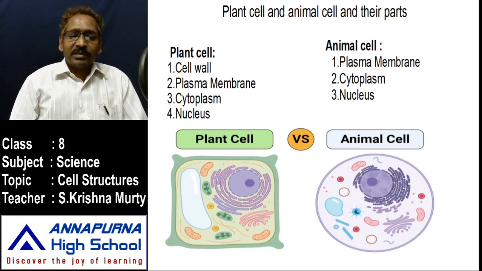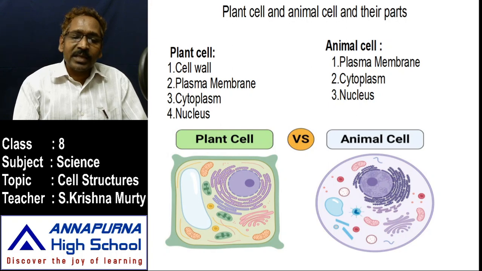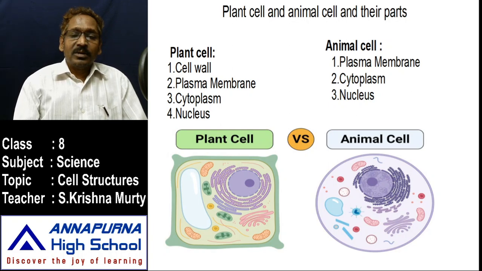So let us discuss the cytoplasm. Where is the cytoplasm? It is in the plant cell and animal cell. The cytoplasm lies in between the nuclear envelope and the plasma membrane. In between, it is a granular material. This granular material contains different kinds of organelles.